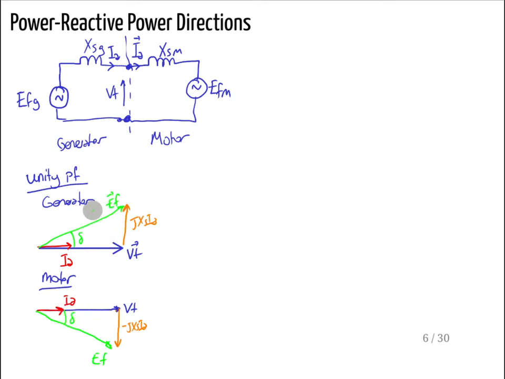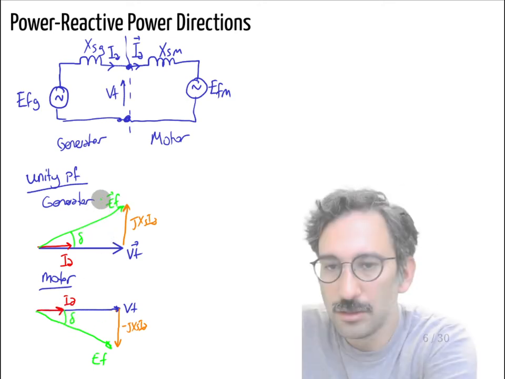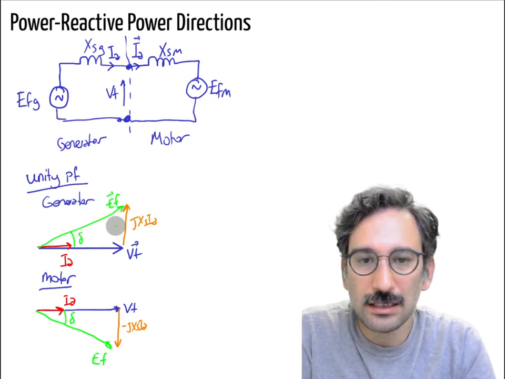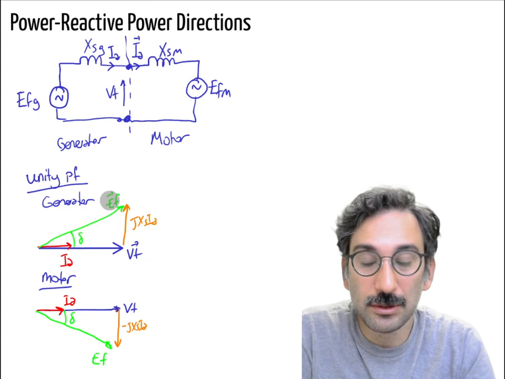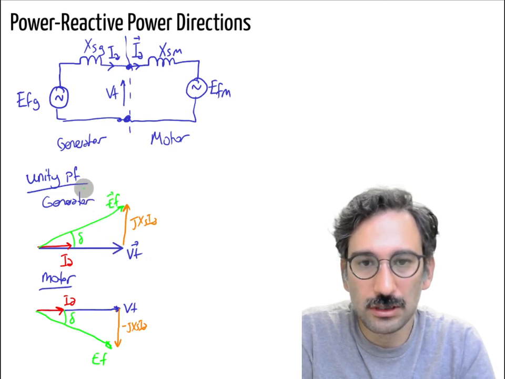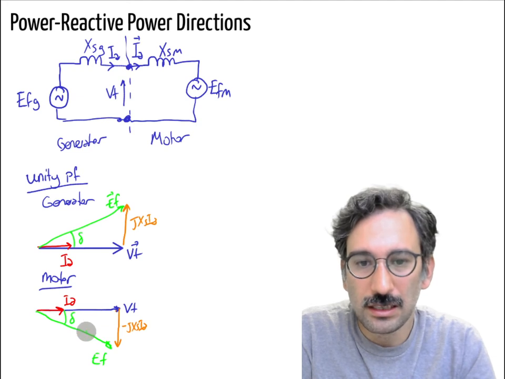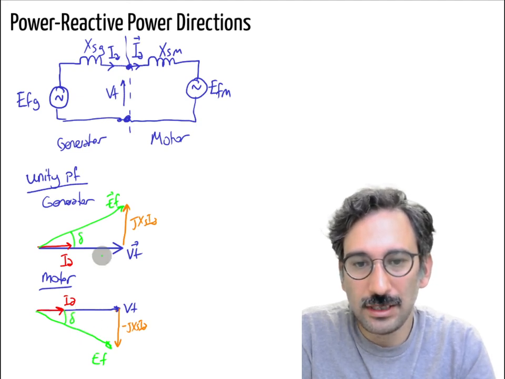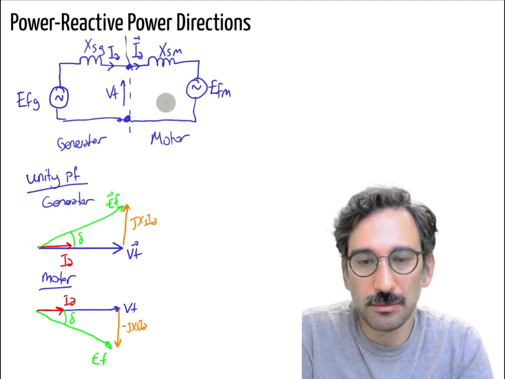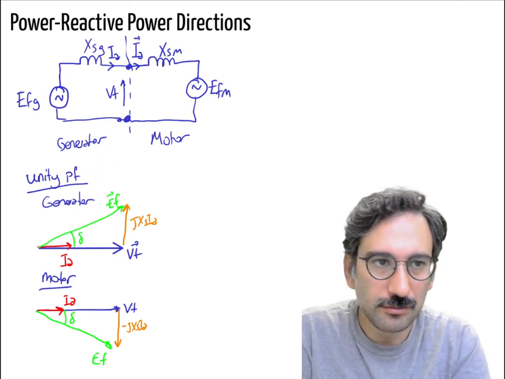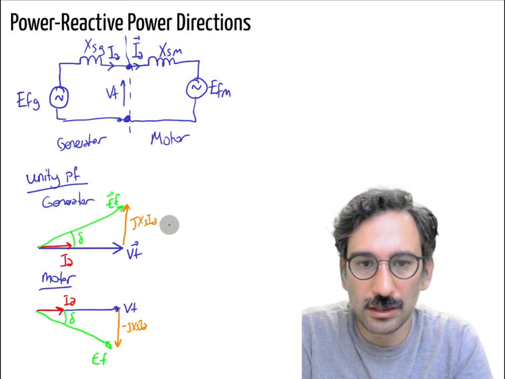Anyway, this is my EF and this is my load angle. From here you can see EF actually leads the terminal voltage, so it is supplying real power, and here EF lags VT, so it is consuming real power. So the power direction, let me draw it here.